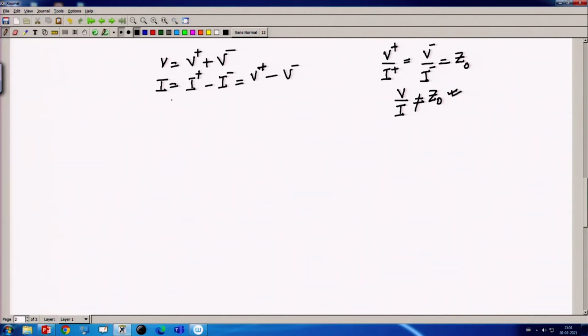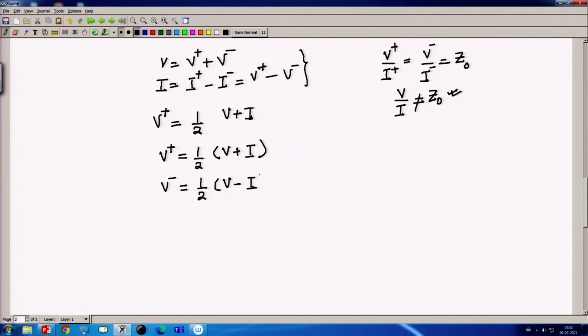And from these two equations we get, this is very easy, V plus is half V plus I, and similarly V minus is half V minus I.